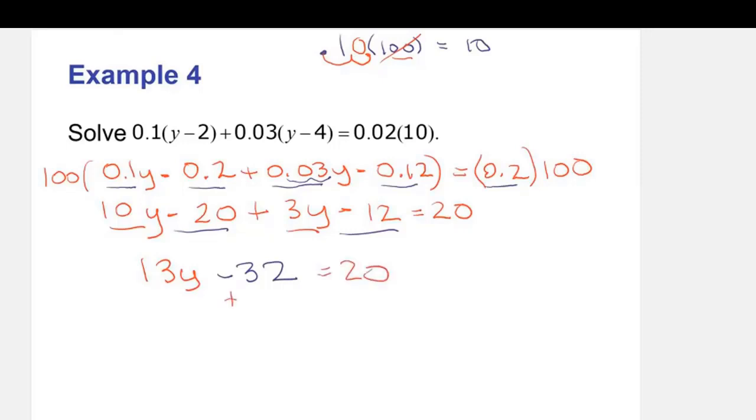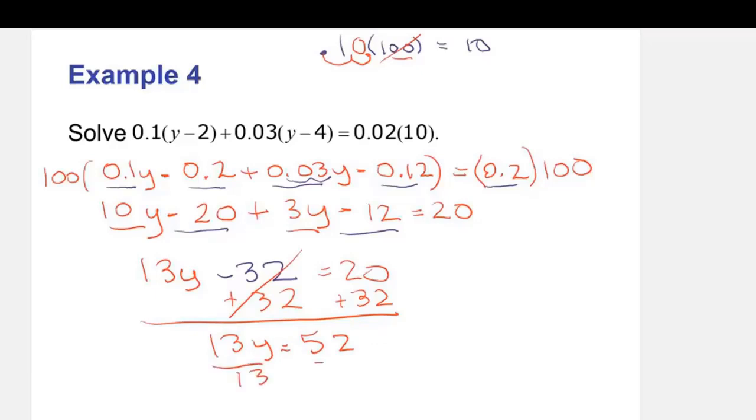I'm going to add 32 to both sides. These cancel. I get 13y equals 52. Divide both sides by 13. And I get y equals 52/13, which is equal to 4.